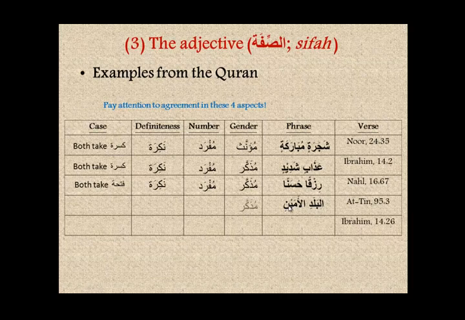Both are mudhakkar, both are mufrad, both are ma'rifah, because the alif lam in front makes both words definite, and both take the same case ending, namely a kasrah. Lastly, we have kalimatin khabithatin. Both are mu'annath, feminine, because of the ta marbuta. Both are singular mufrad, both are nakirah, indefinite, and both take the same case ending, a kasrah.